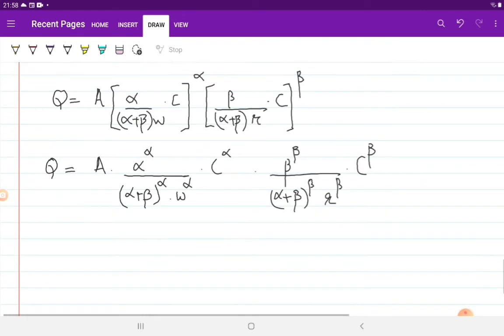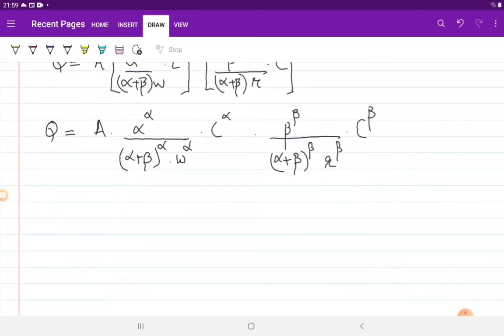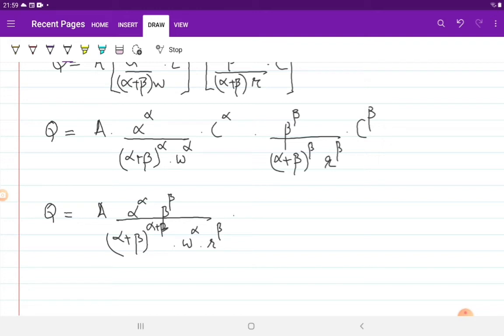Now once again, using the product rule of exponents, that is a to the power m into a to the power n can be written as a to the power m plus n, I can write this as A times alpha to the power alpha into beta to the power beta divided by alpha plus beta to the power alpha plus beta into W to the power alpha, R to the power beta, into C to the power alpha plus beta.